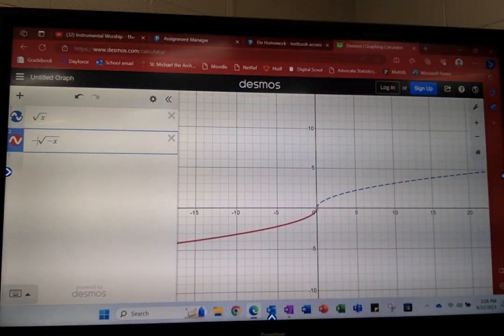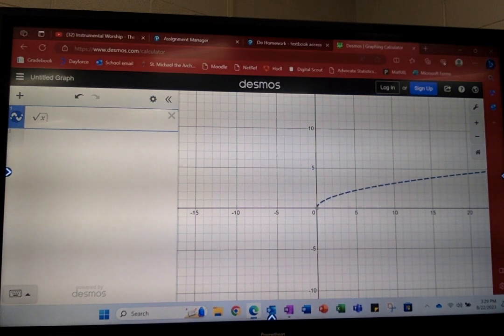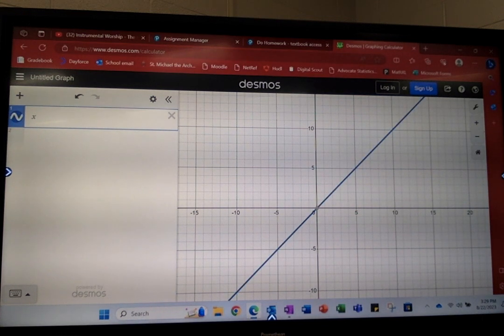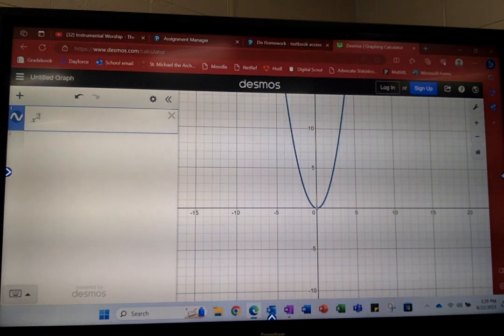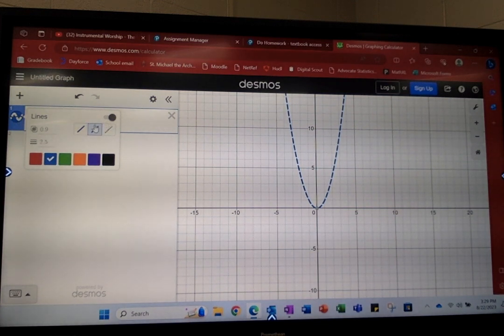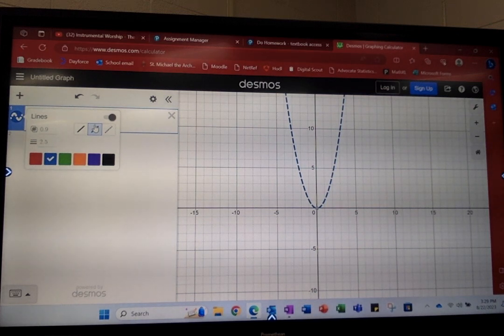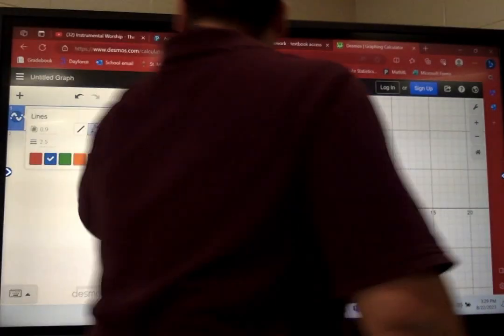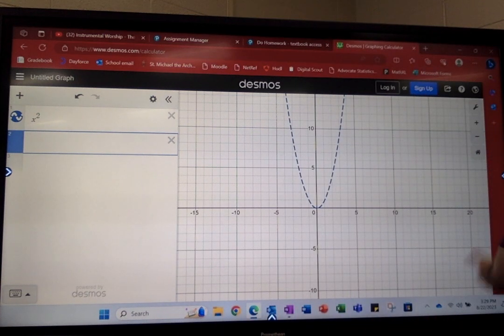Now, what about something like x squared? Let's say I take x squared here. That's my new parent function. So let's say I want to reflect this over the x-axis. So I'm going to do negative x squared.